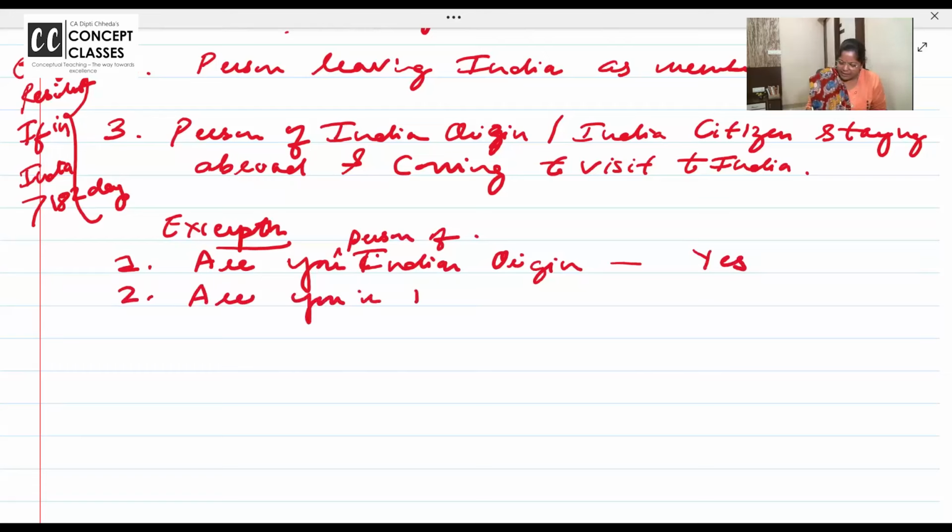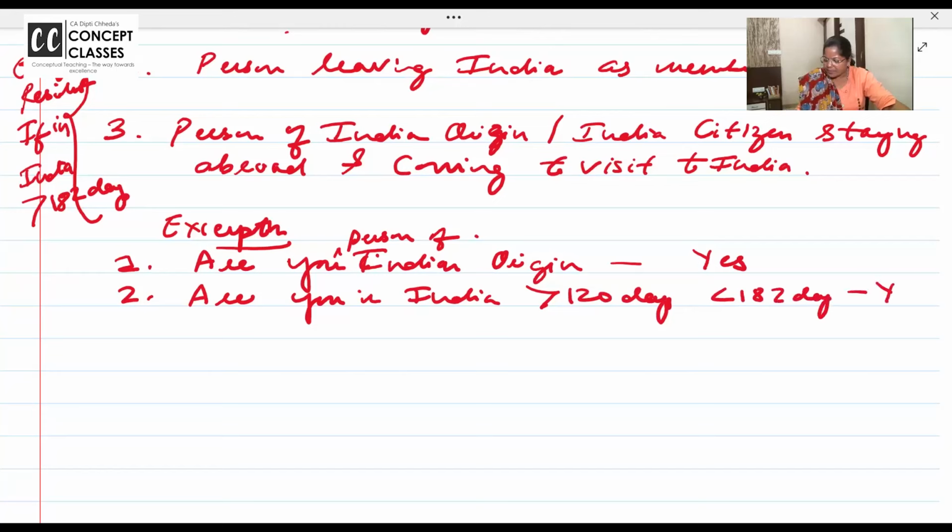Are you in India? See, if he's in India for 182 days and more, naturally he is a resident. Are you in India for more than 120 days, less than 182 days? I hope you are getting why: 182 days से ज्यादा इंडिया में तो वैसे ही रेसिडेंट है. बट आप इंडियन ओरिजिन के हो क्या? हाँ. More than 120 days and less than 182 days you are in India in the previous year 24-25?